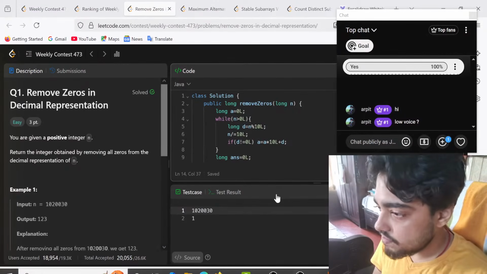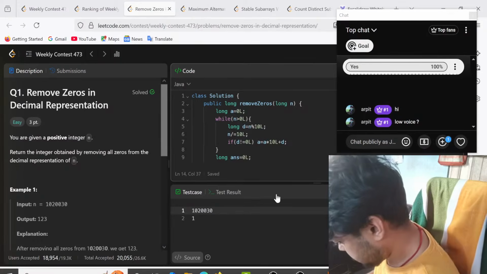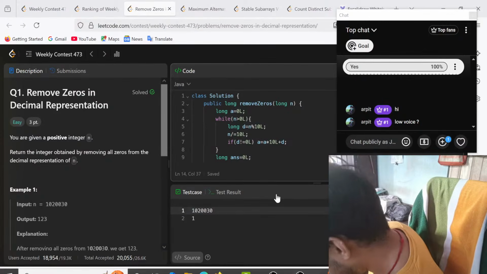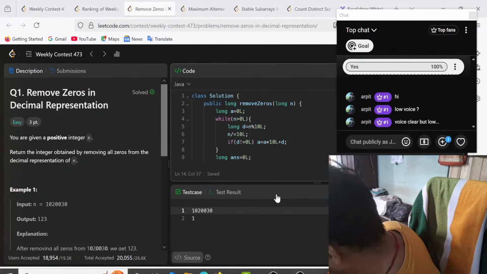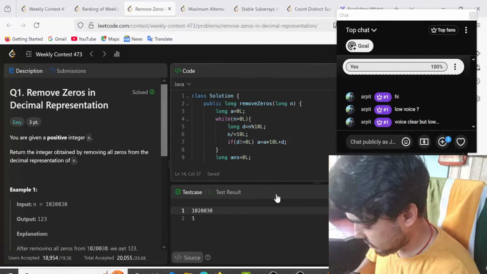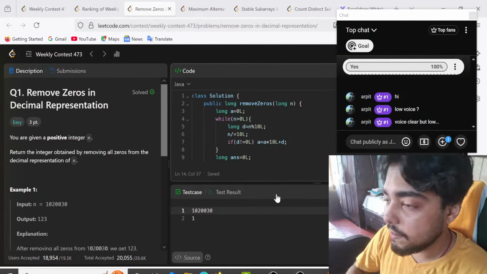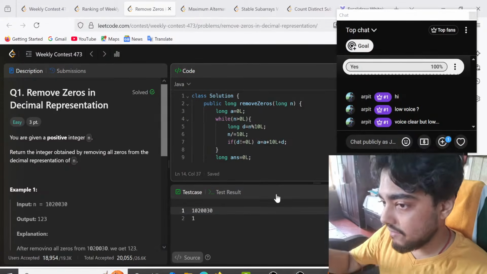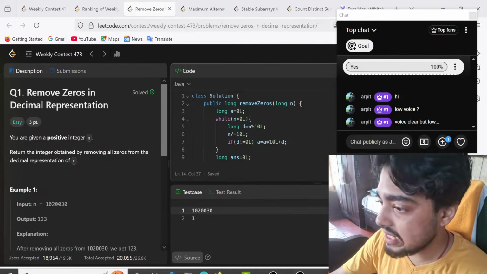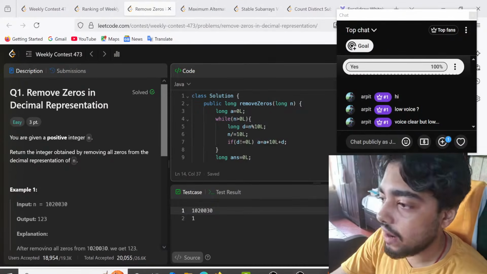I think you have to change your settings. The device that you're listening on might have some voice problem, because from my end it's working fine, I guess.